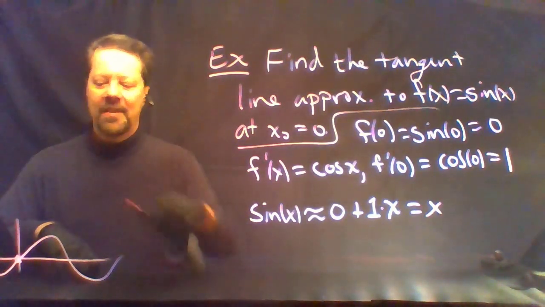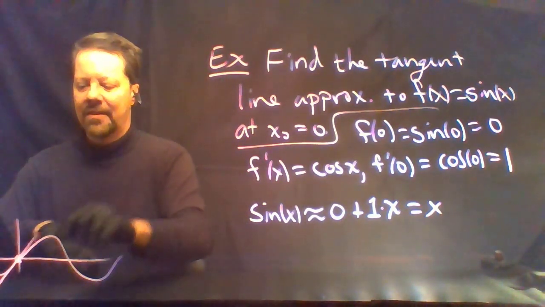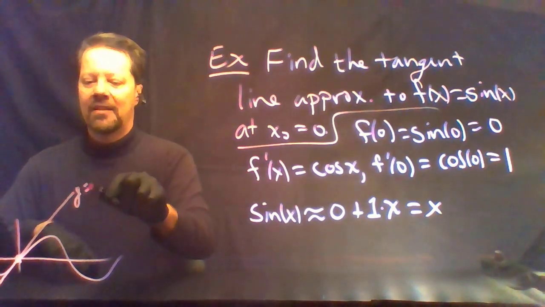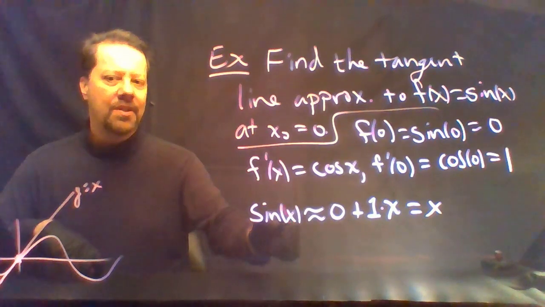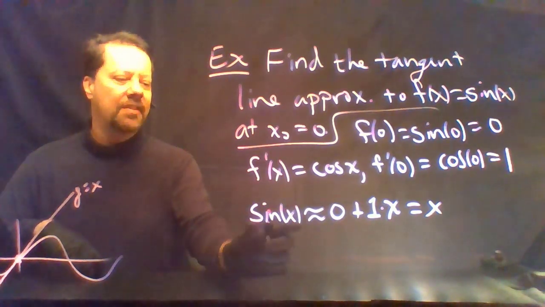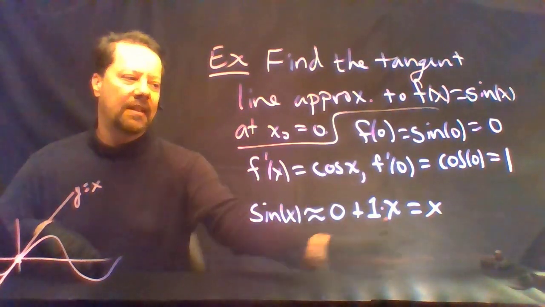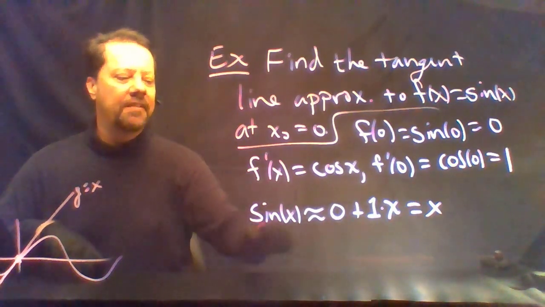In other words, the tangent line approximation at the origin is the line y equals x. When x is close to the origin, for small values of x, the sine function is approximately x itself.